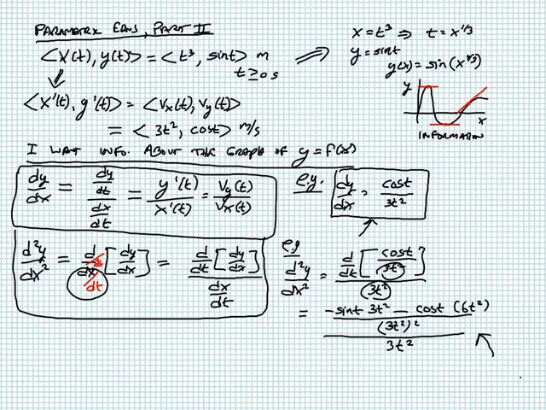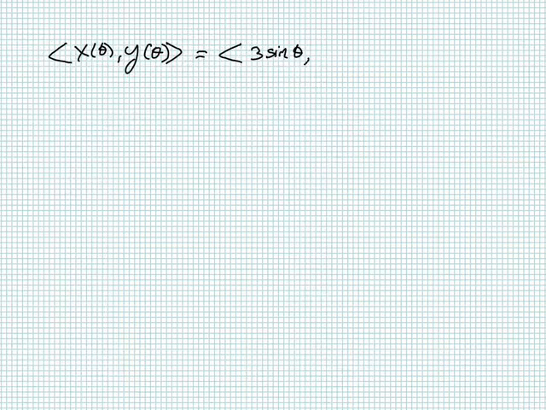Okay, so when we come back, oh no, actually, let's do one more thing. In your homework problems, there are also parametric equations where you have x and y as a function of theta. For example, let's say I have x as a function of theta, comma, y as a function of theta, and that would look something like 3 sine of theta, comma, let's say cosine of theta.